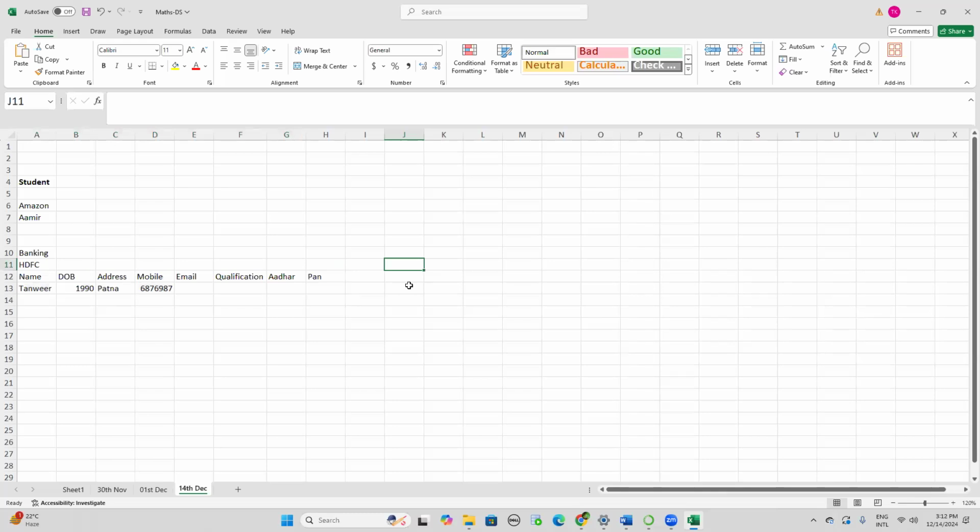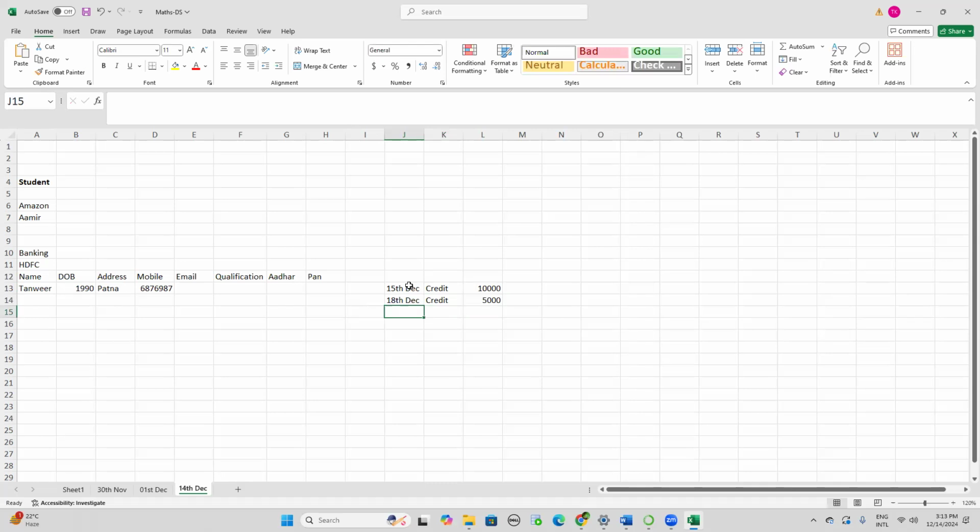Now suppose from the next day I started doing transactions. So suppose, let's say on 15th December, I have deposited 10,000 rupees. Now 18th December, again credit 5,000 rupees.